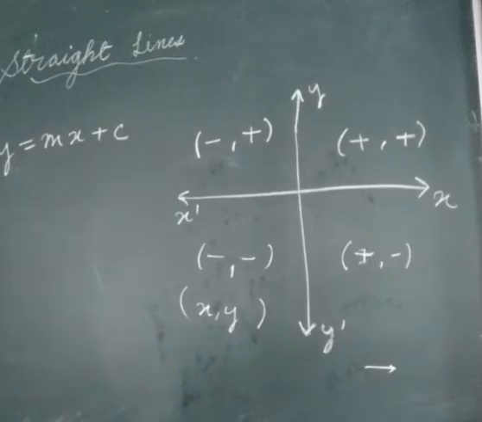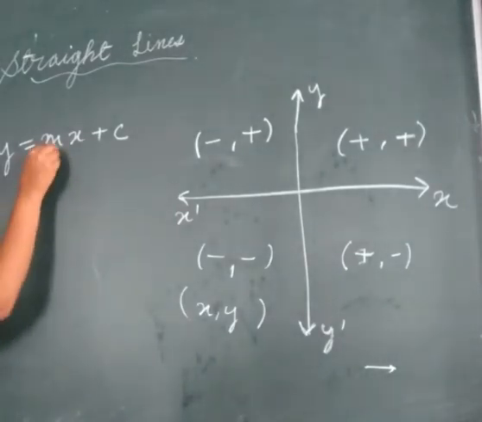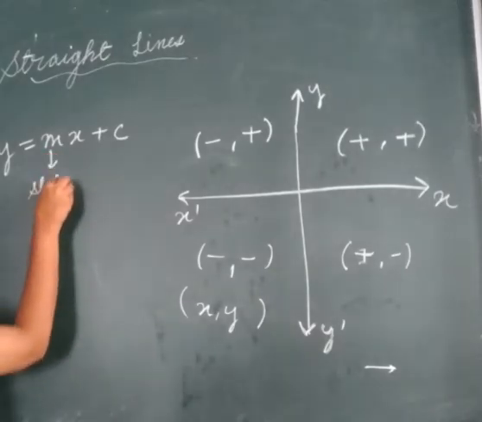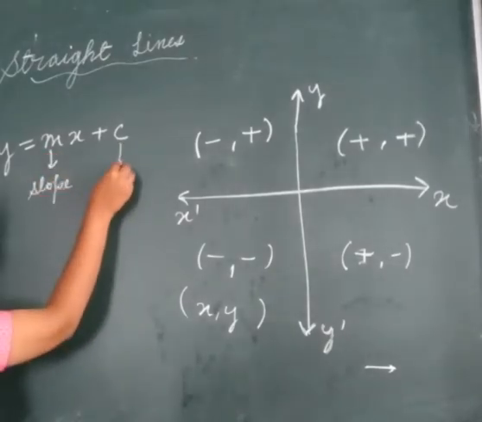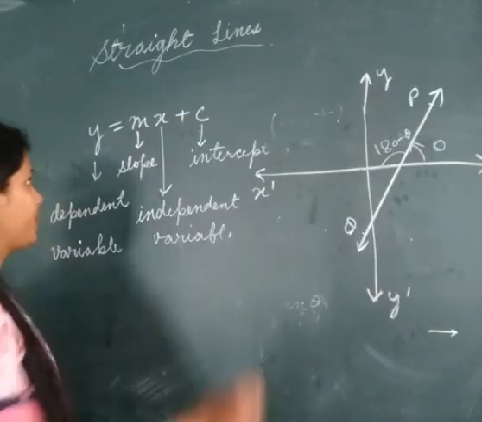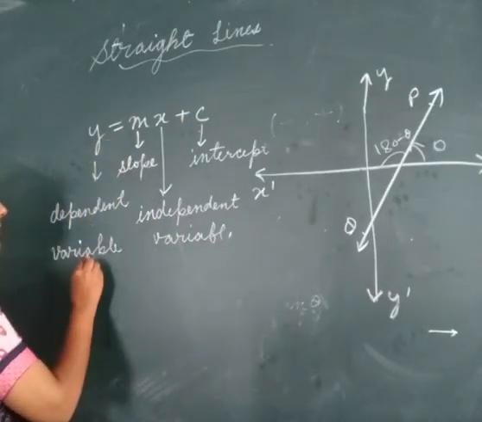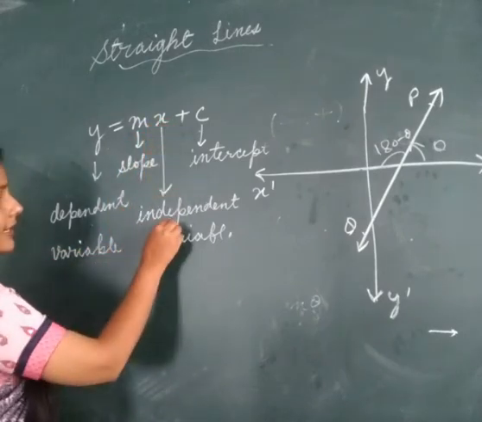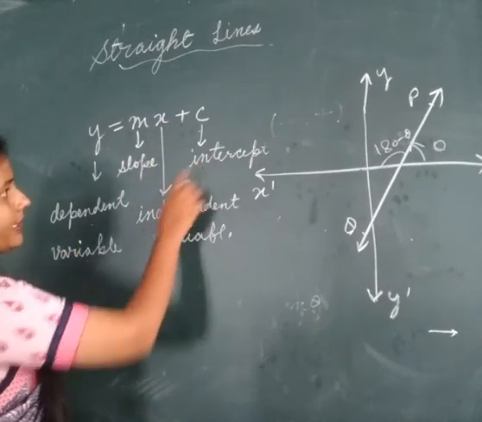You must have studied the equation in your lower classes also. See, यहाँ पे m को हम कहते हैं स्लोप, y is a dependent variable, m slope होता है, x is the independent variable and c is the intercept.